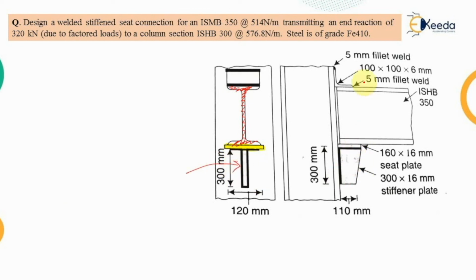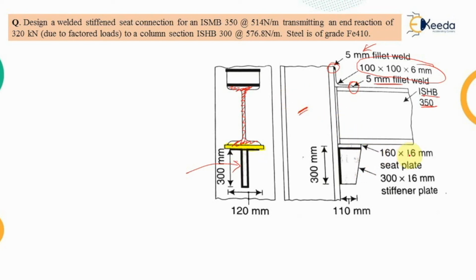A top cleat angle of nominal size 100 by 100 by 6 millimeter is provided at the top and is fillet welded at the two ends with a 5 mm size fillet weld. And this is the ISHB 350 section, that is the beam section, while this is the column section of ISMB 300.